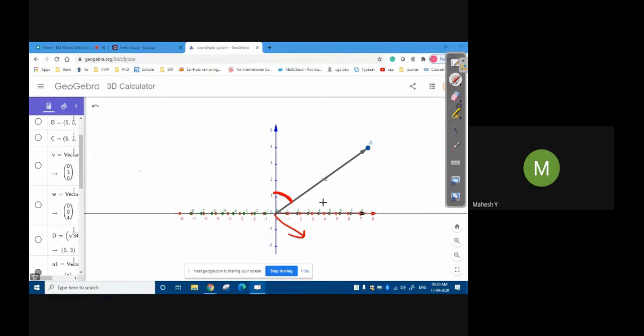Okay, what may be the reason? What is the value? Somebody told it is 0 to 90. What is the reason?